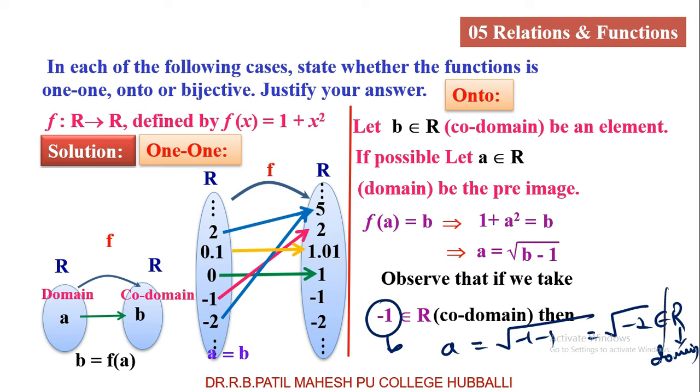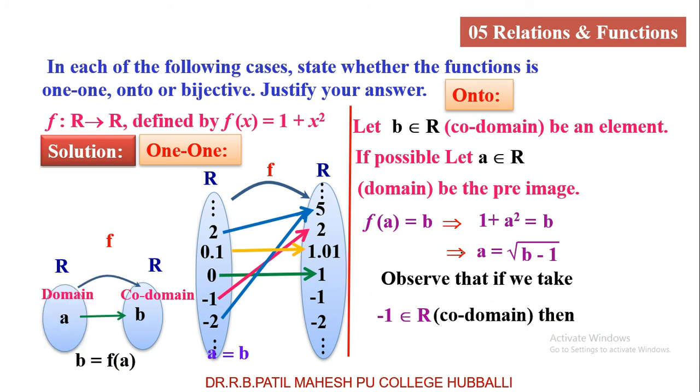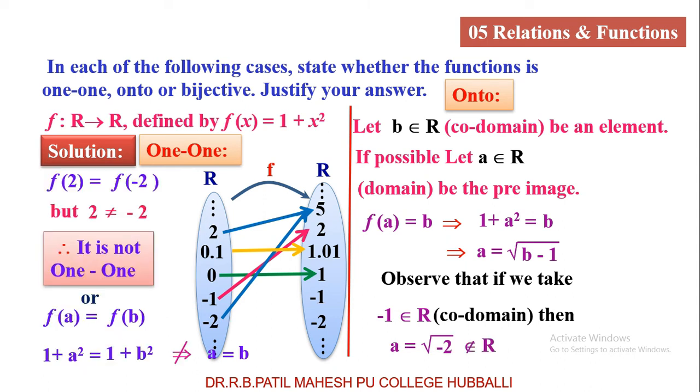Definitely it does not belong. Means for the element b, this is not an element in the domain. Hence we call this function not an onto function. You can check, a equal to root of minus 2 does not belong to the domain. Hence it is not an onto function.